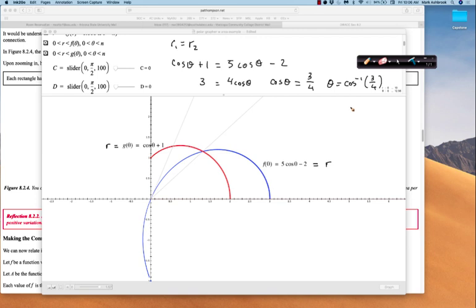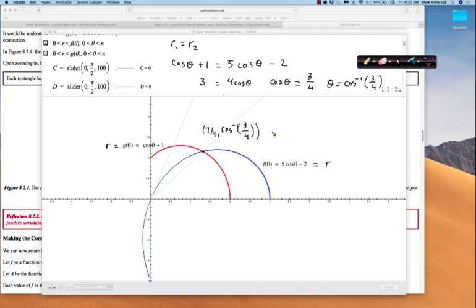Okay, and so then what is the r value? What's the cosine of the inverse cosine of 3/4? Just 3/4, right? So the r value is 1 3/4. So we got 7/4, comma, inverse cosine of 3/4 at that point.